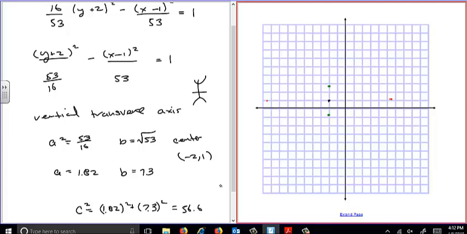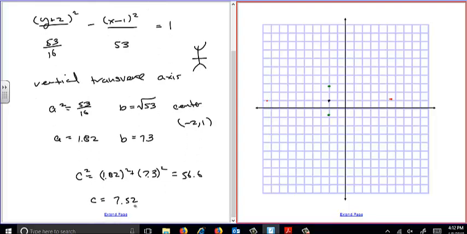Now the foci go 7.52, and it's always in the direction of the transverse axis, so we actually go 7.52 up and down. 1, 2, 3, 4, 5, 6, 7.5. I guess I should use a different color, blue. So there's blue. And you go down from the center, 1, 2, 3, 4, 5, 6, 7.52.